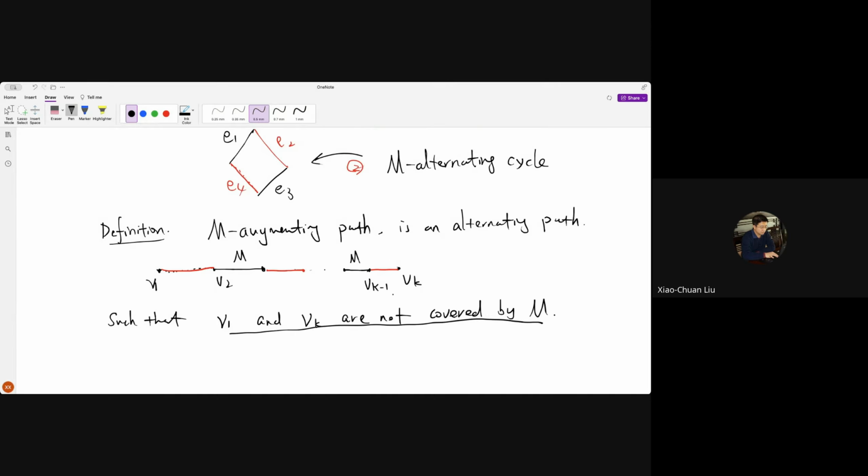So it must be like this, and not only this: there's no matching edge covering V0, and there's no matching edge covering Vk. So this vertex is not covered by my matching. So this path is called an M augmenting path.